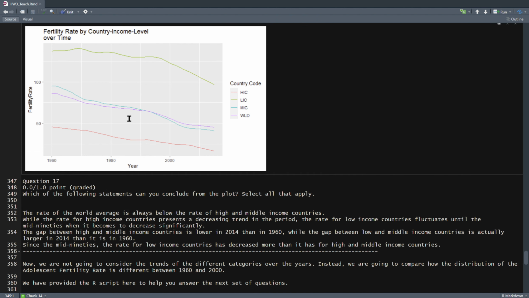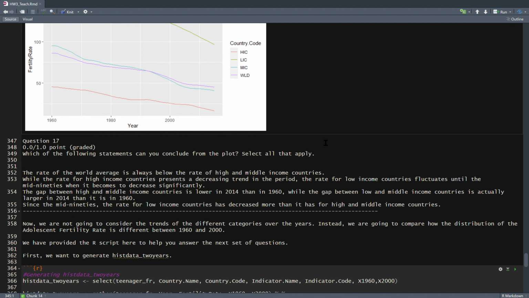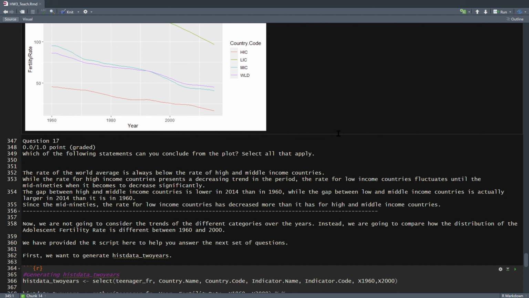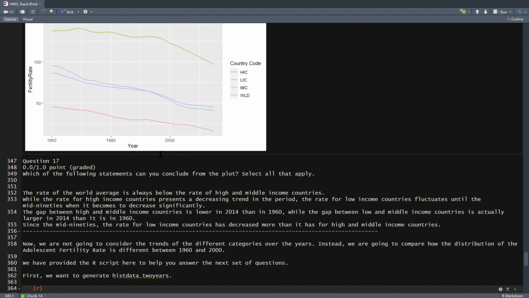Below, it's not right. This is high income, this is low income, and this is middle income. High income is here. It's not below, it's above high income, right? So this is not true.